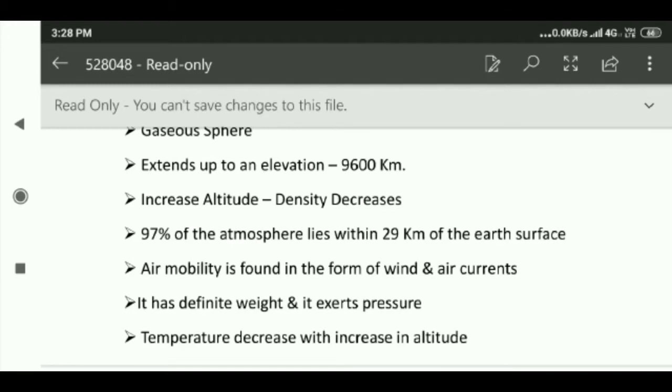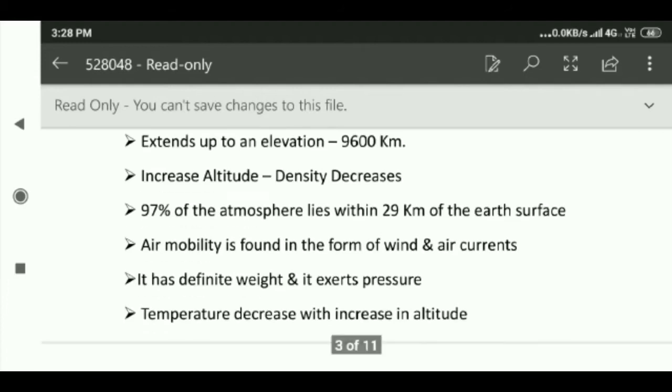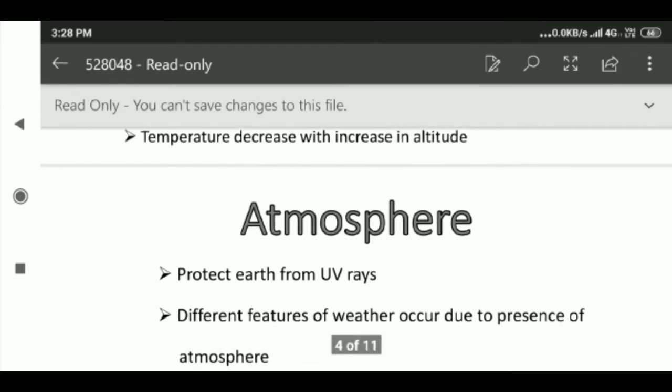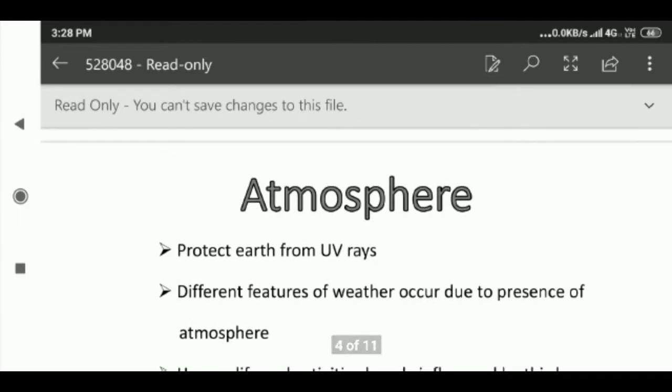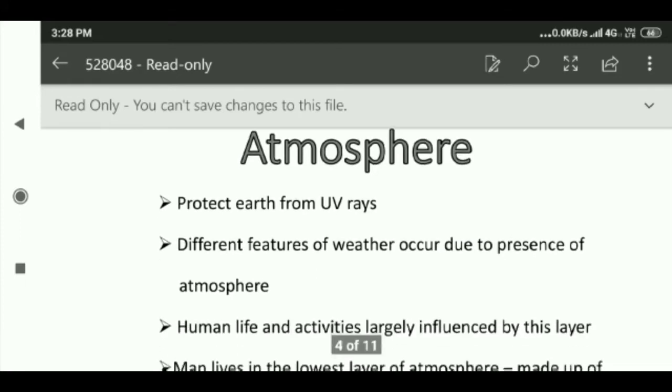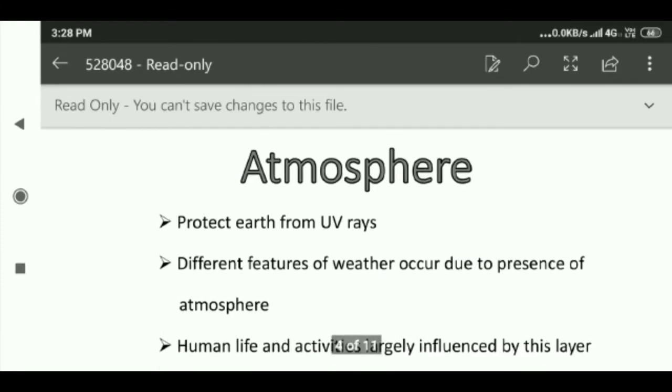It is heated mainly by the surface of the earth, and thus its temperature decreases with an increase in altitude. It protects the earth from the intense heat of the sun, that is ultraviolet rays, during the day, and at night it checks the loss of heat from the earth.